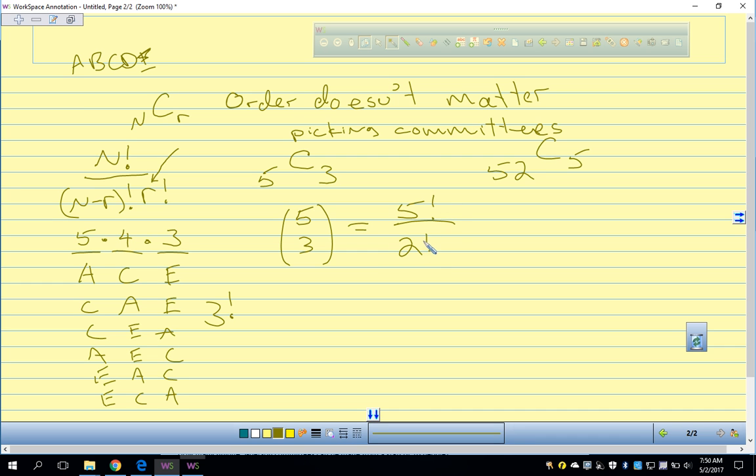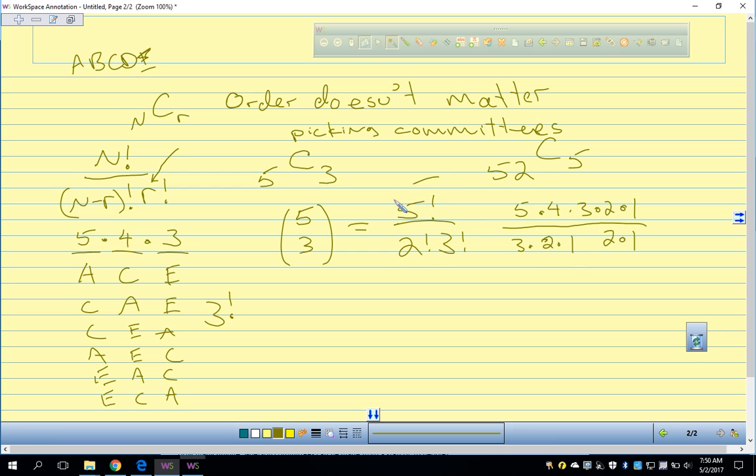So basically what this 2 factorial does, let me show you literally what it does. 5 factorial means 5 times 4 times 3 times 2 times 1. 2 factorial is 2 times 1. 3 factorial means 3 times 2 times 1.